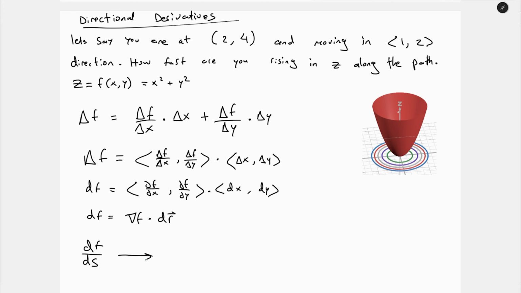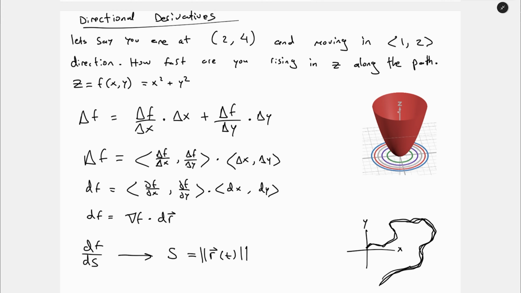So you might ask, what is ds? Let's talk about s first. S is the arc length. So let's say you have a path r. This is a vector function. I was talking about vector functions in the previous video, but briefly, we have this vector function r of t. If we think that this is in 2D, our arc length would be just the length of this whole curve right here.